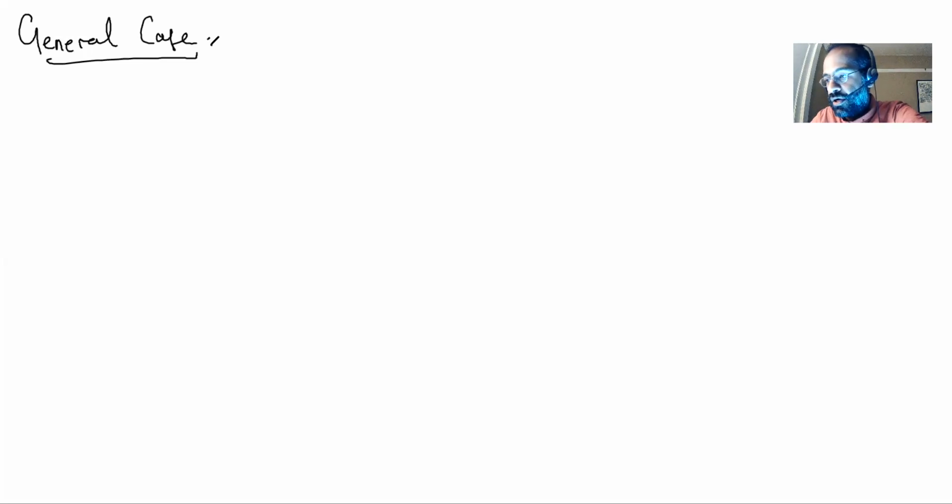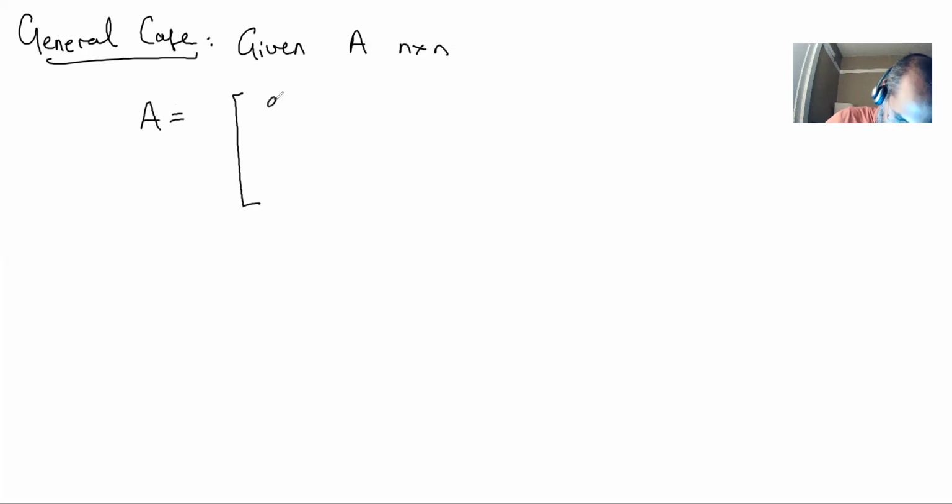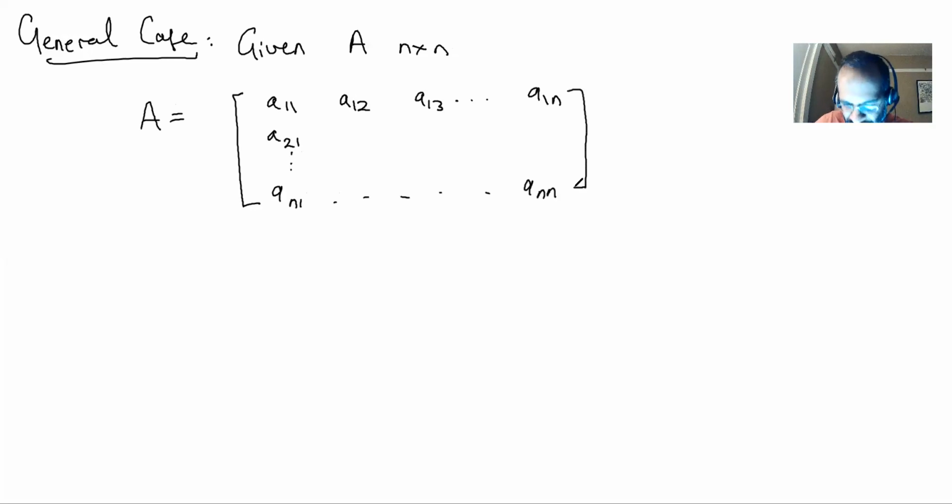Okay, so this is a definition. Given A n by n, say it has entries A11, A12, A13, A1n, A21, AN1, ANN. This is a square matrix. It looks rectangular, but it's square.